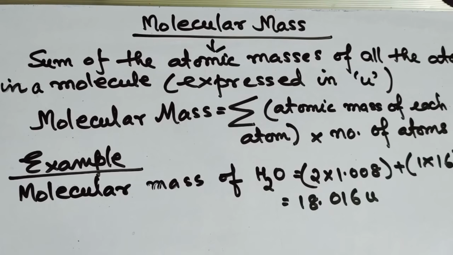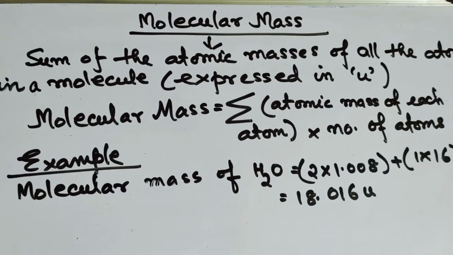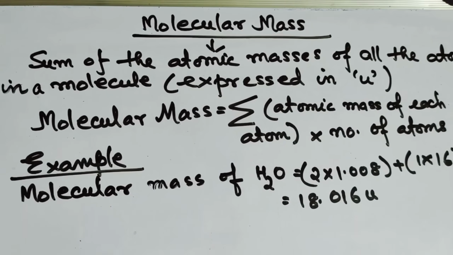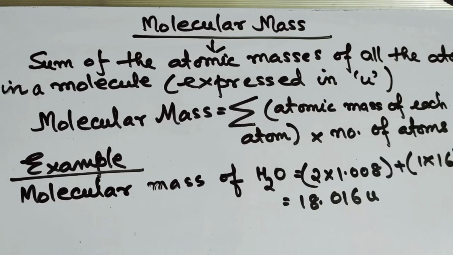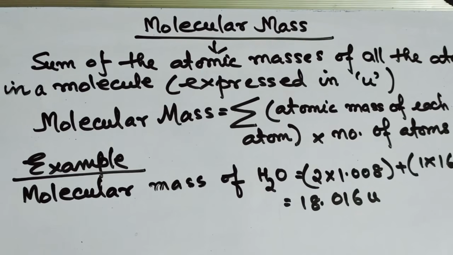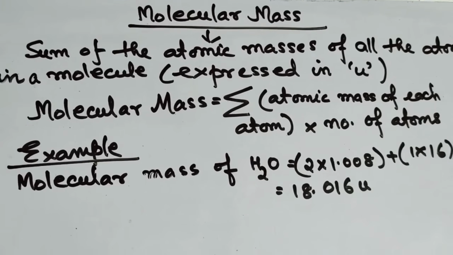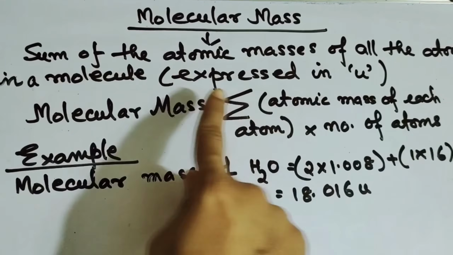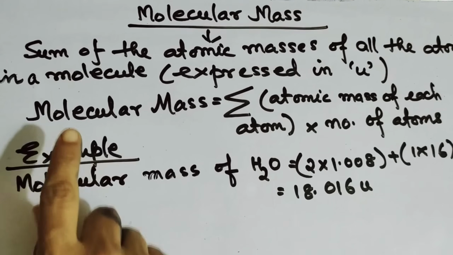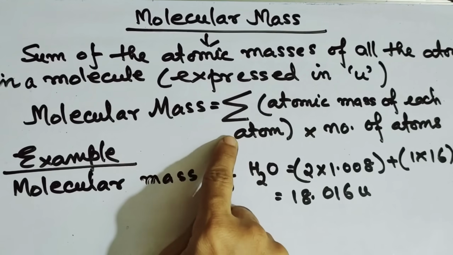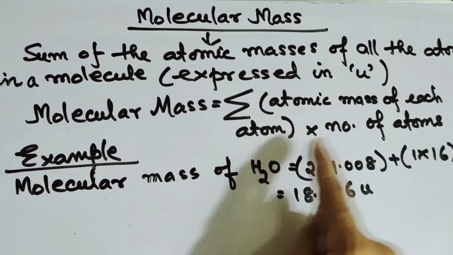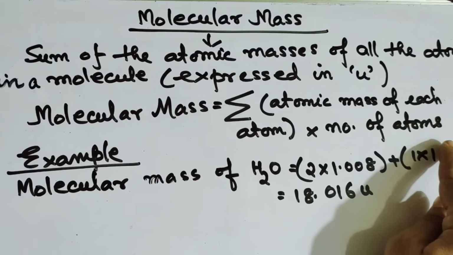After the atomic mass unit, we'll see the molecular mass, which is also expressed in U. In a molecule, we have atoms. So the sum of the atomic masses of all the atoms in a molecule will be equivalent to the molecular mass. So, molecular mass will be equal to summation of atomic mass of each atom into the number of atoms present.